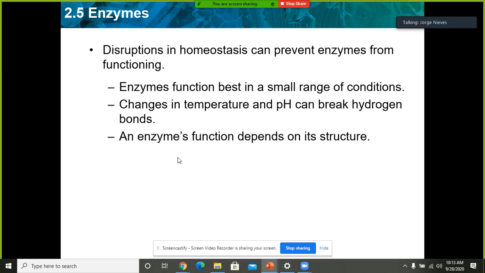Okay, so an enzyme's function depends on its structure. Okay, así que si una enzima, ¿verdad?, su estructura o su función se ve dañada, ¿qué va a pasar? Pues la estructura va a estar dañada. Okay, so an enzyme's function depends on its structure.